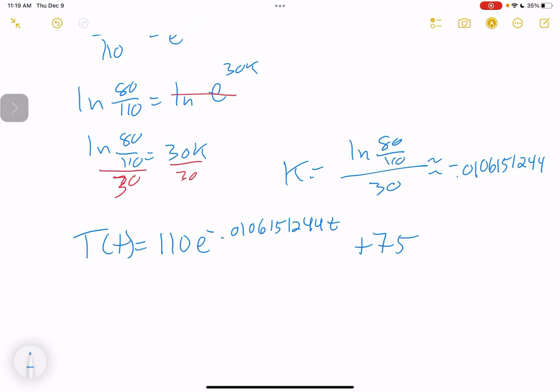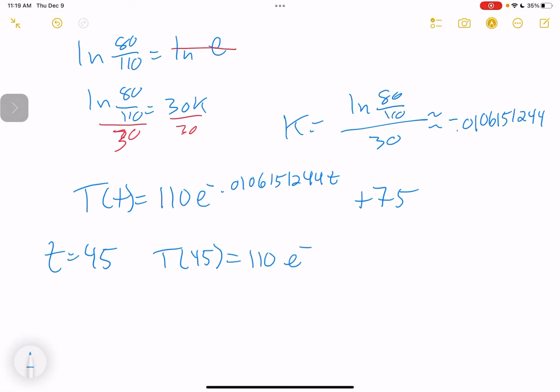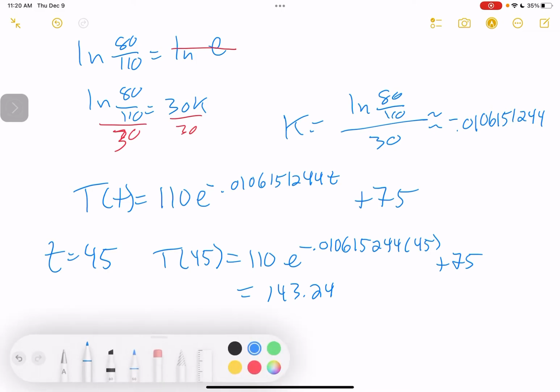So there's our formula. We can use that formula to find the temperature at time equals 45 minutes, which was the question for part A. So at time 45 minutes is 110 e to the negative 0.010615244 times 45 plus 75, and I put that in my handy dandy calculator, and I was able to come up with 143.24 degrees.